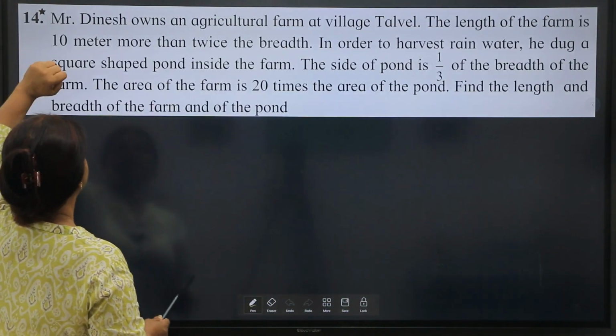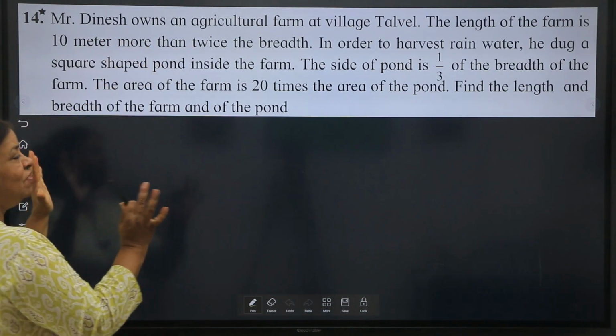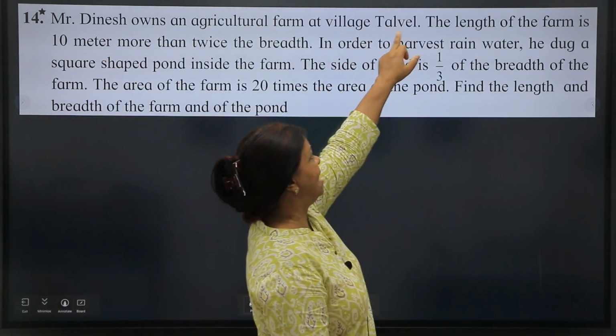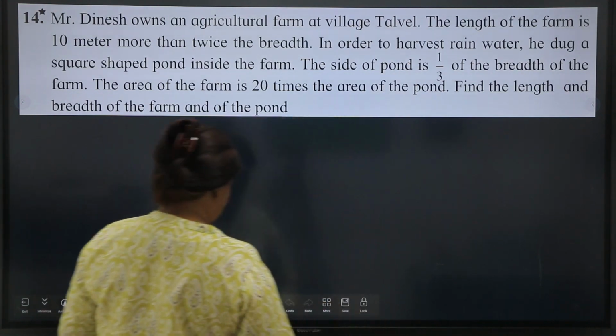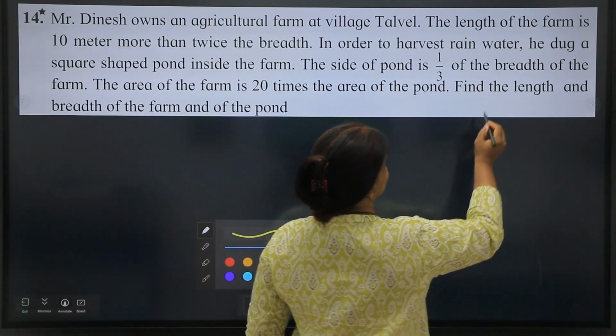Next sum, 14th sum. Mr. Dinesh owns an agricultural farm at one village, and that village name is Talwal. So this is the agricultural farm.